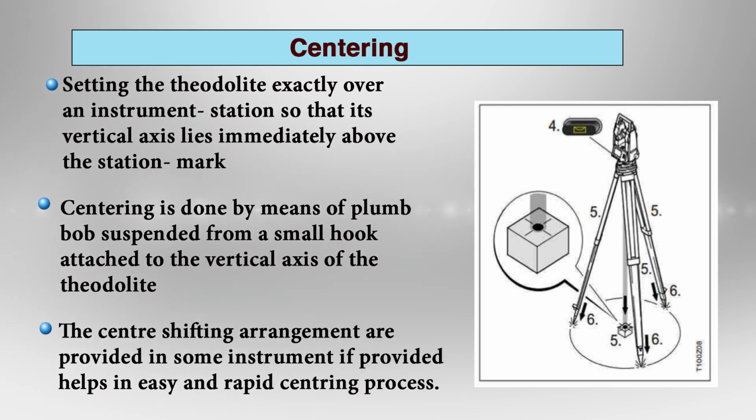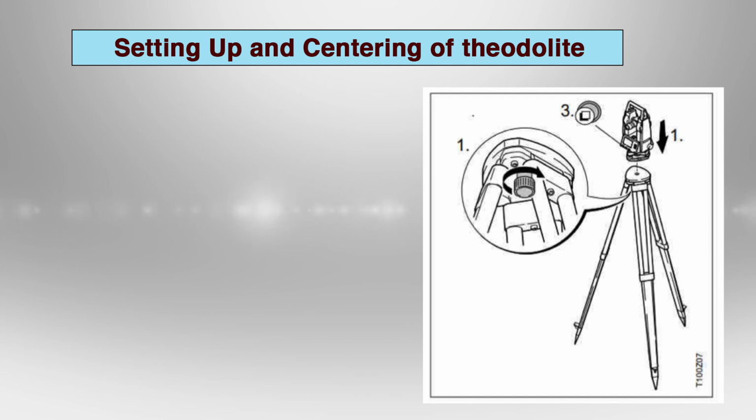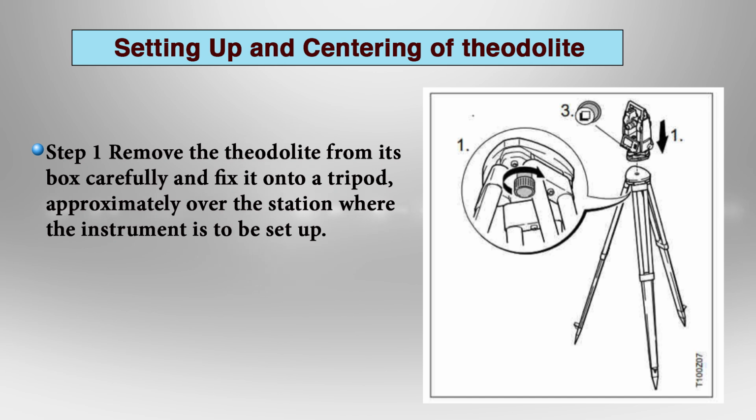Center shifting arrangements are provided in some modern instruments. If provided, it will help in an easy and rapid centering process. For setting up and centering the theodolite, we follow the following procedure. Step 1.